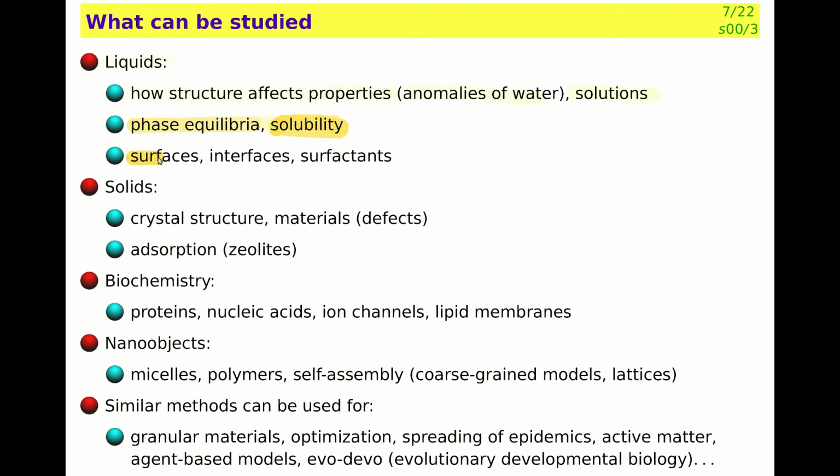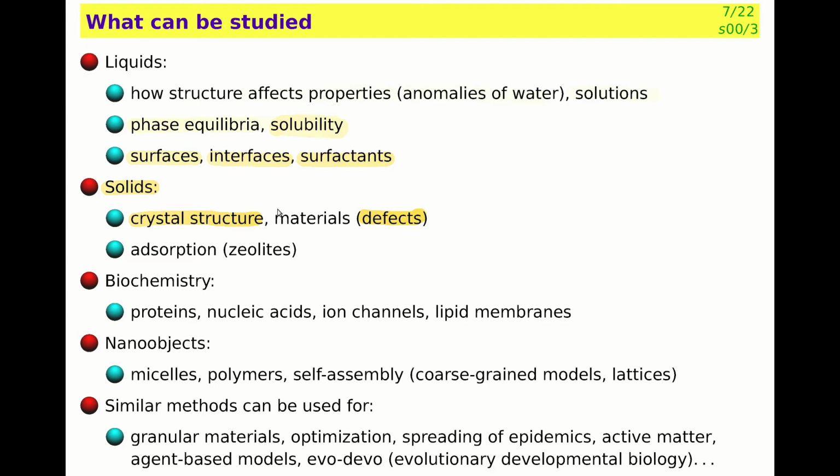We can study surfaces, interfaces, surfactants. Again, it's important in biology. We can study also solids. What we are interested in for solids? Well, the crystal structure is usually known, but what we are interested in often are defects in materials.